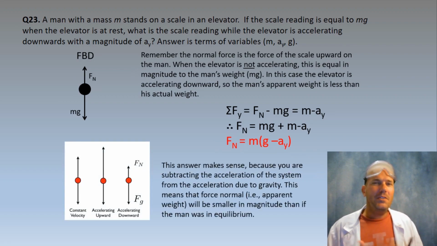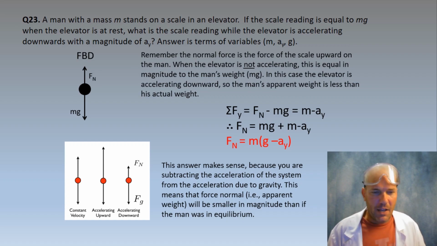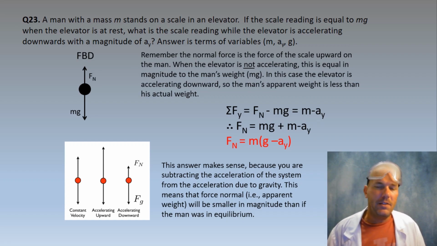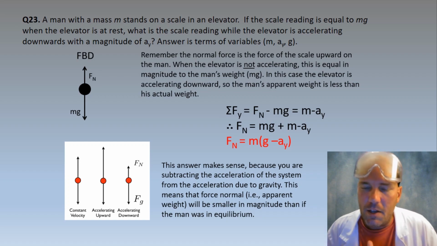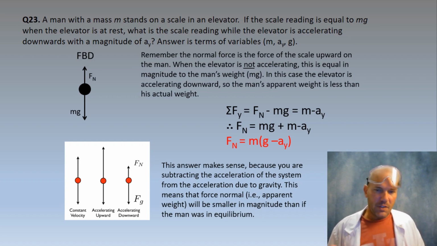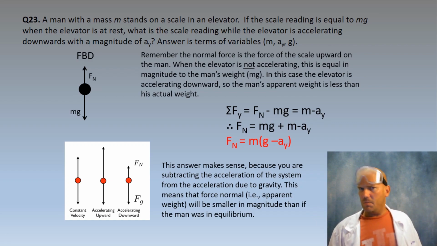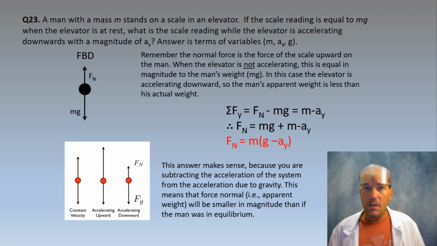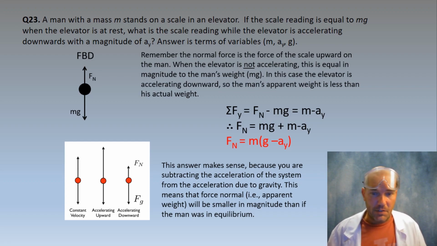So here's a series of free body diagrams, different scenarios here. Definitely copy these down if you haven't already in class. So when we look at it, you are subtracting the acceleration of the system. Now the system would be the elevator, the man, the scale, the cable, whatever else we define as a system.